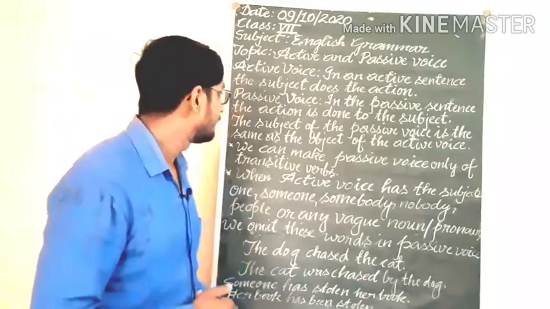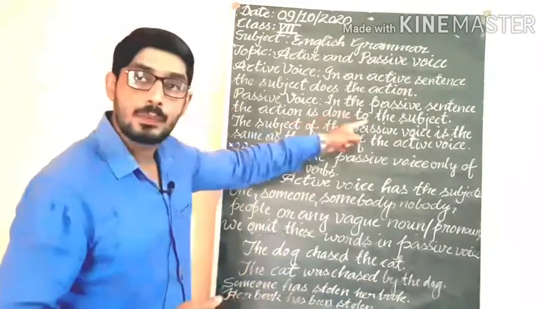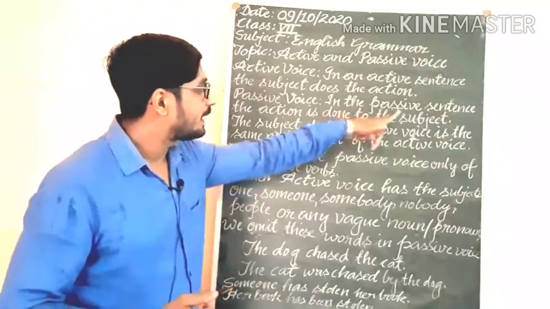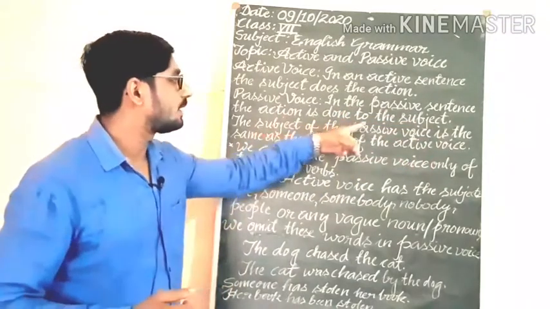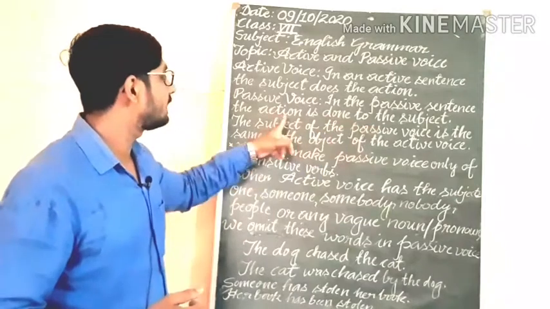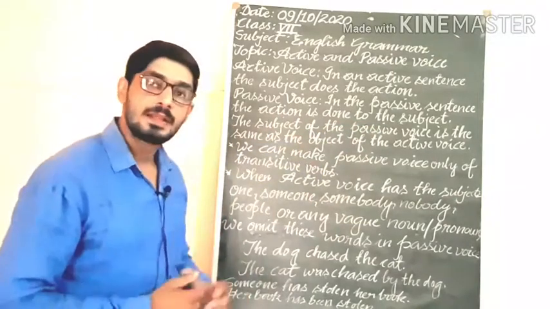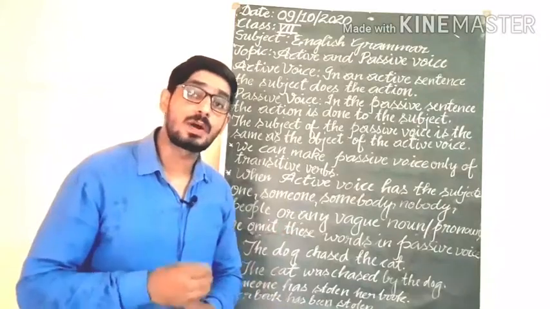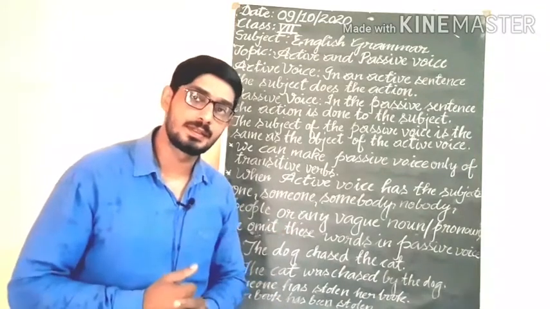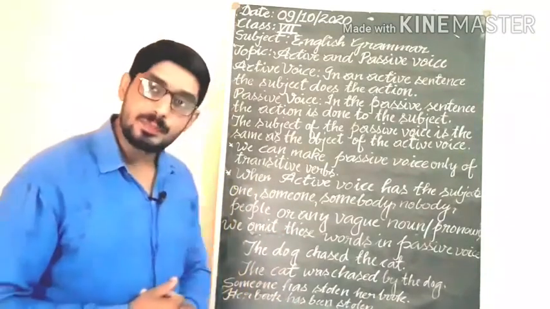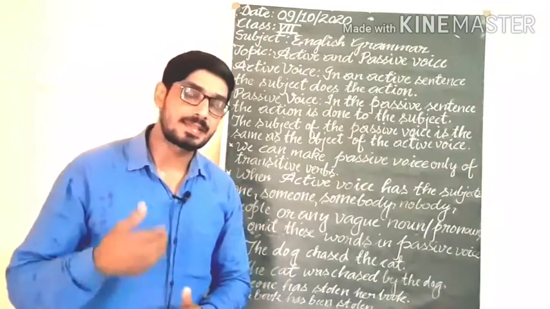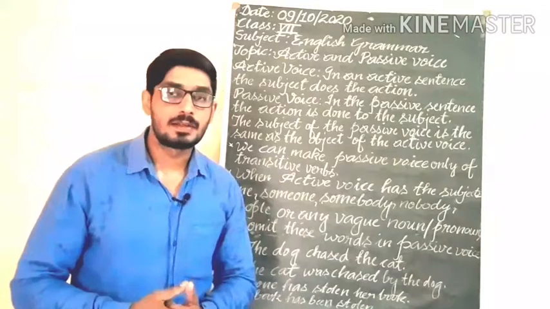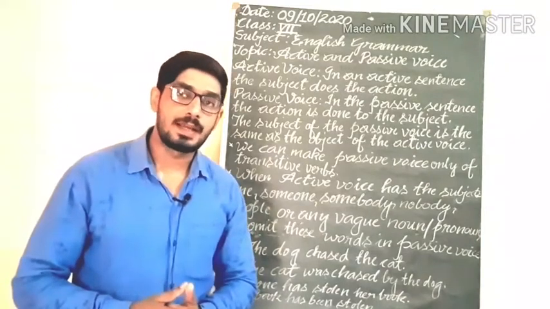In the passive voice sentence, the action is done to the subject. So in active voice, we talk about the doer of the action, and in passive voice, we talk about the receiver of the action.